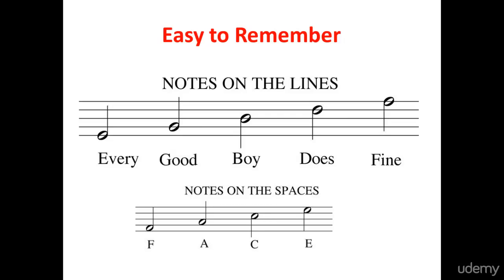This is actually what we're going to cover. So this is something to memorize for now, and when we need it, I will remind you of it. So just know that the line names are every good boy does fine, and the names of the notes on the spaces is FACE, F-A-C-E. Okay.